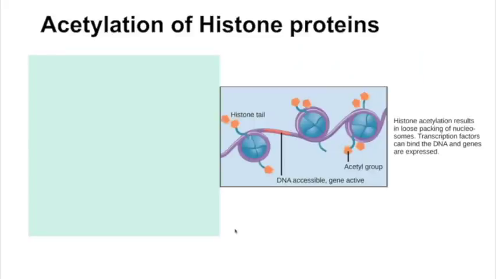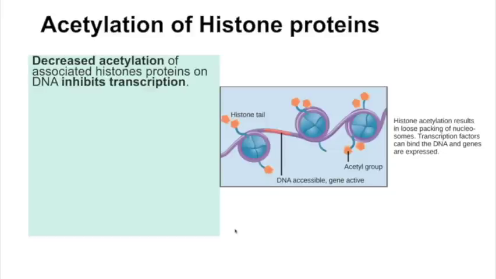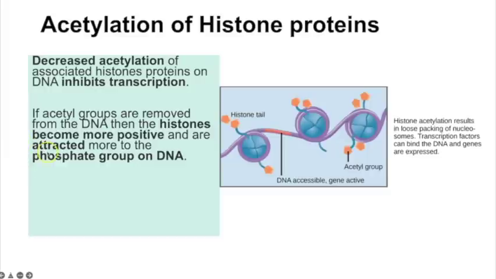Now, the opposite is acetylation, and that is when acetyl groups are added. But they don't bind to DNA, they actually bind to the histone protein, which is what the DNA wraps around. And decreased acetylation, so if you don't have very many acetyl groups bound to the histones, that will also inhibit transcription. If acetyl groups are removed from the DNA, then the histones become more positive.